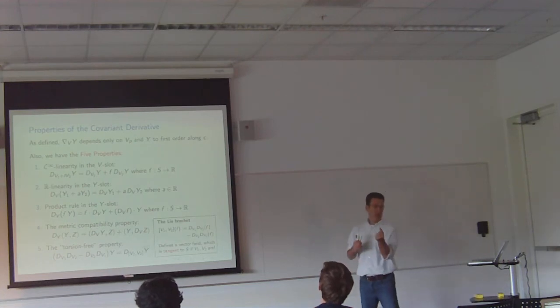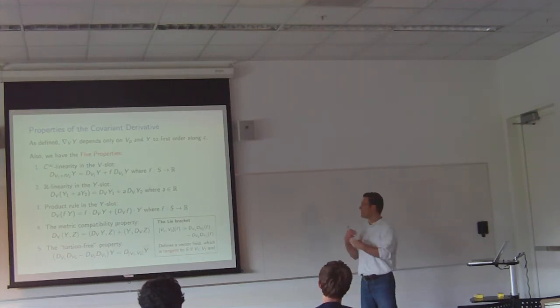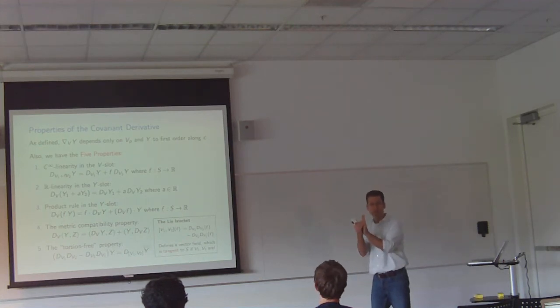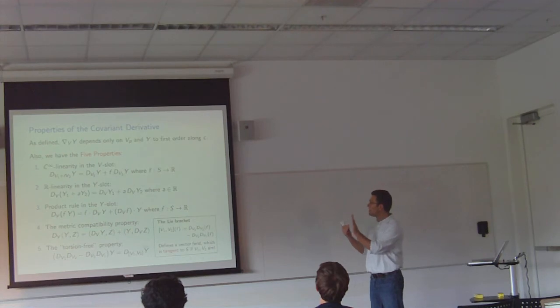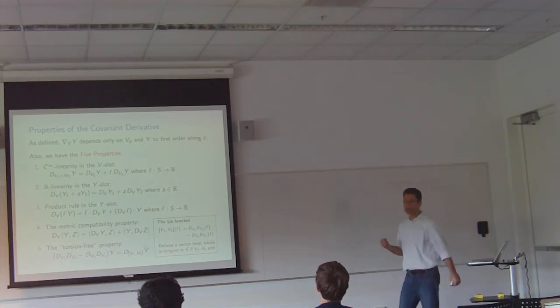It also depends on the vector field y in a very local way. It only depends on the first order information of y. It doesn't depend on second derivatives of y, and it doesn't depend on y at a number of different points. It always depends on the derivative of y to first order along the curve. So the covariant derivative is very local.